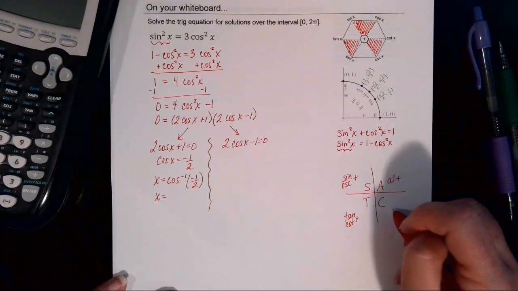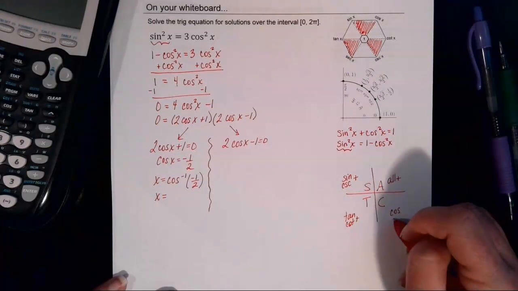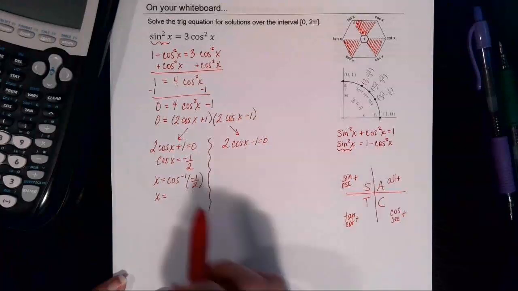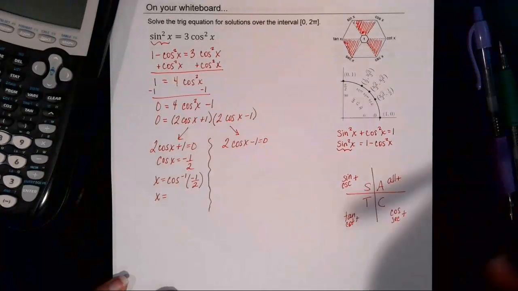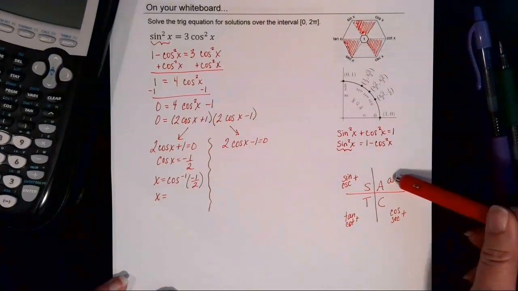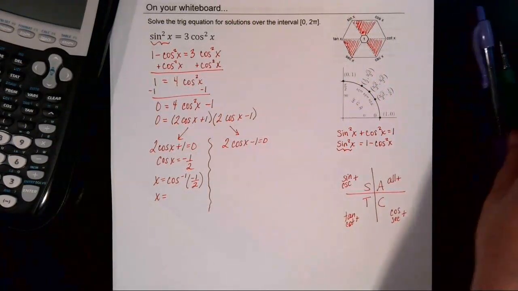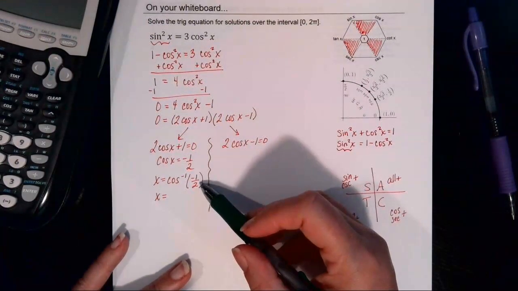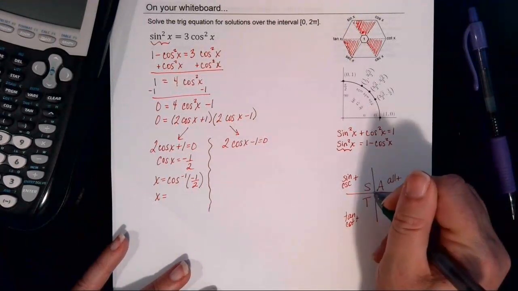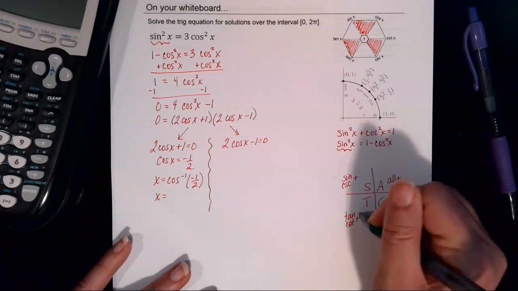And in quadrant 4, cosine and its reciprocal secant are positive. So since we want the places where the cosine is negative, that answer cannot come from quadrants 1 or 4 because cosine is positive in those two quadrants. So the answers where the cosine is negative, those are in quadrants 2 and 3.